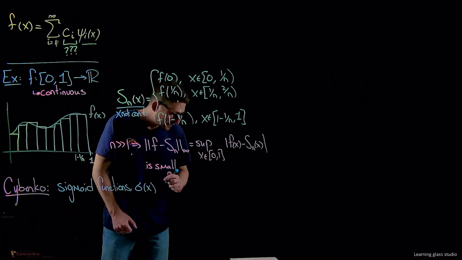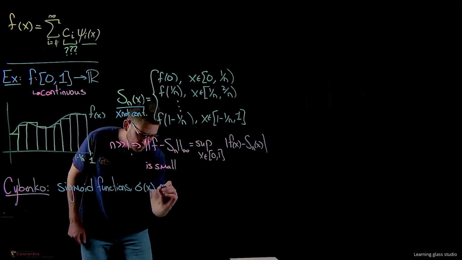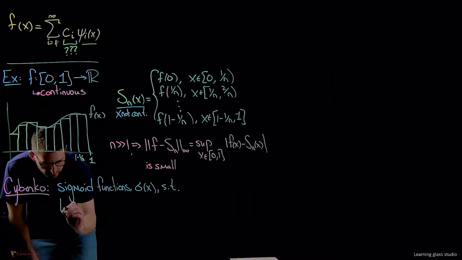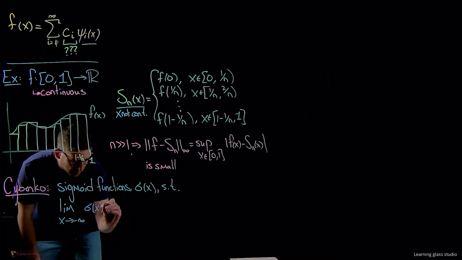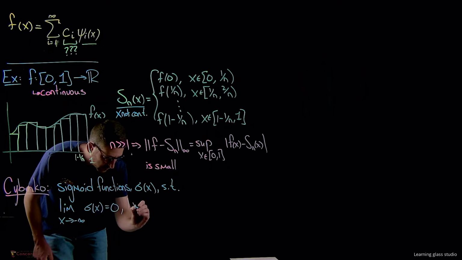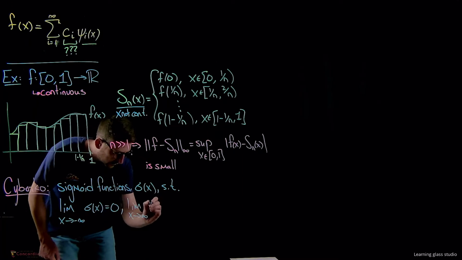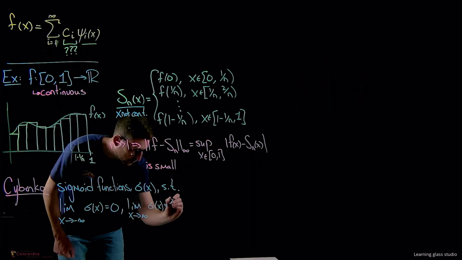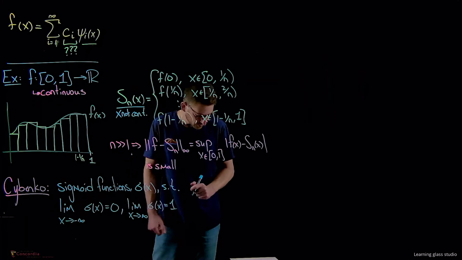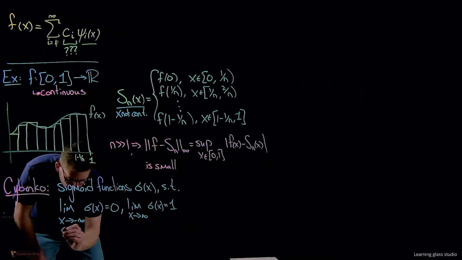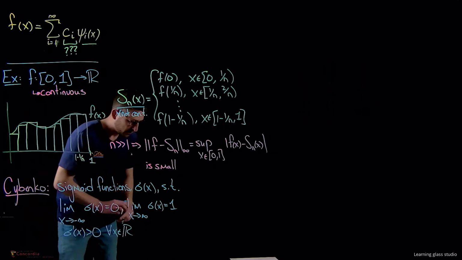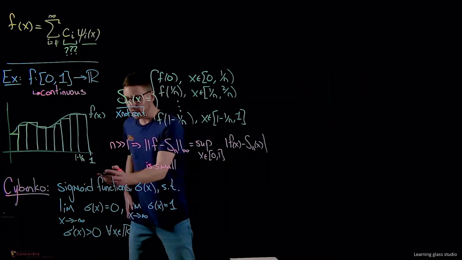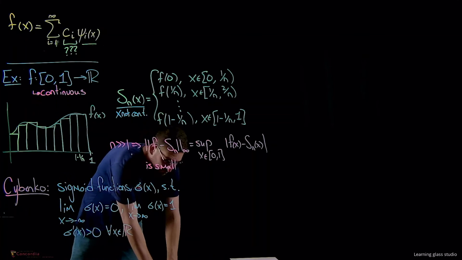Sigmoid functions are such that the limit as x goes to minus infinity of sigma of x is equal to 0, the limit as x goes to plus infinity of sigma of x is equal to 1, and it's increasing. So sigma prime of x is greater than 0 for all x in R. You can use greater than or equal, but here's the basic idea. Sigmoid functions look like big S's.